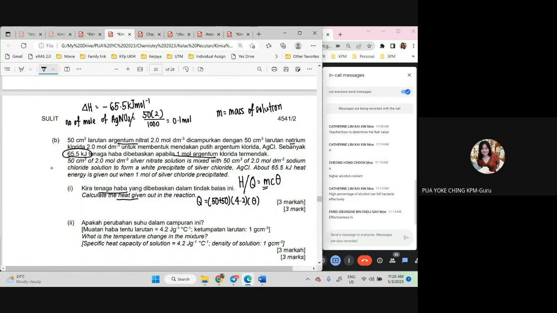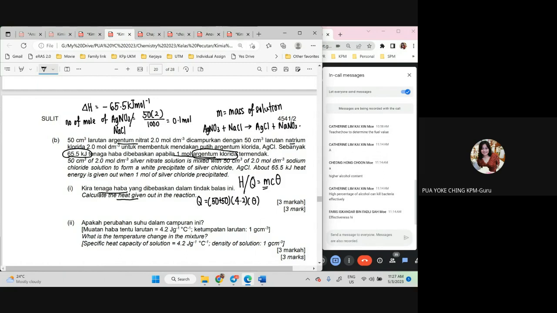So sama je, NaCl. You get 0.1. But this is 1 mole argentum chloride. So write the equation AgNO3 tambah NaCl dapat AgCl tambah NaNO3.